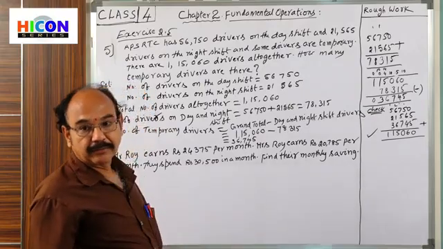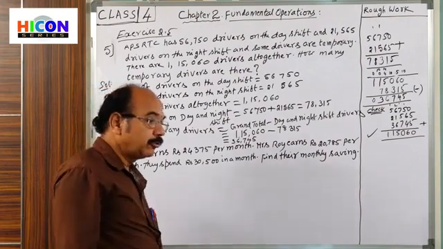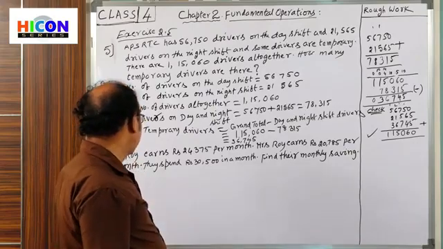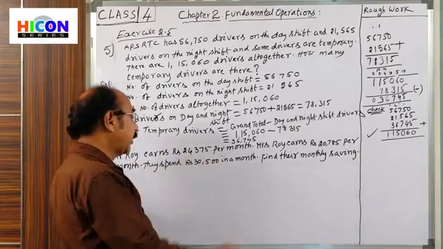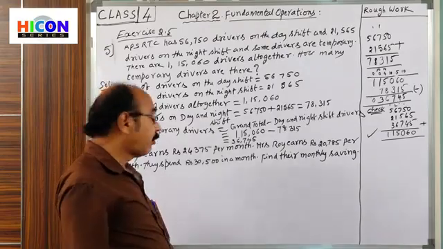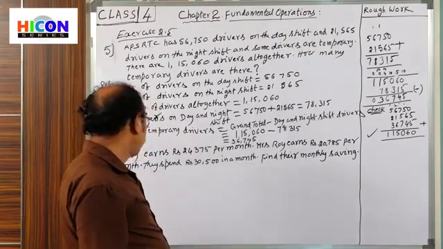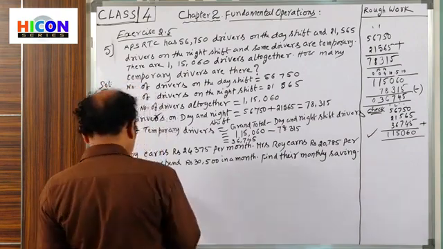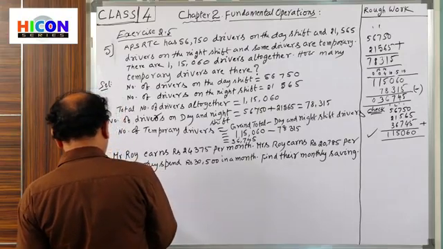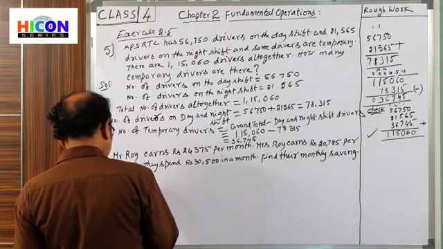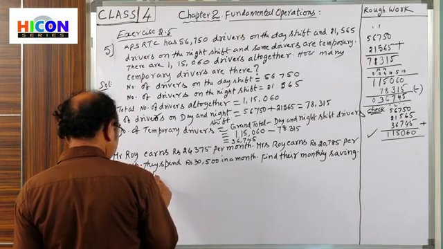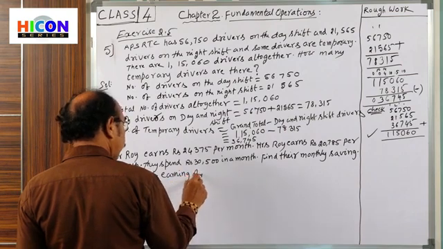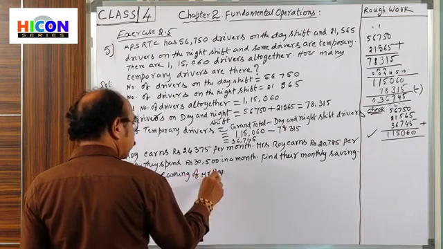Problem reading is over. Now, you find out what is given in the problem. Monthly earning of Mr. Roy. So, you write your steps right now. Solution: monthly earning of Mr. Roy.